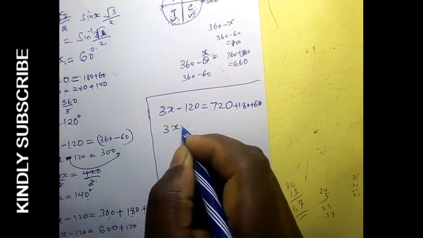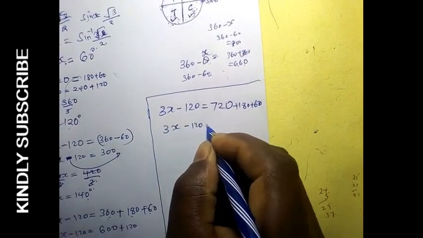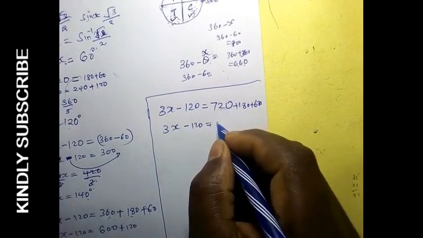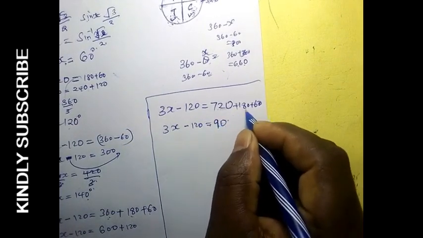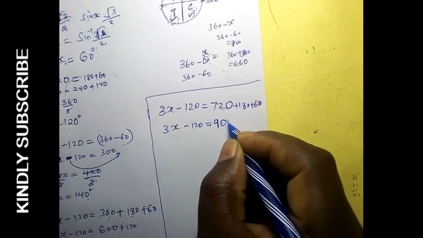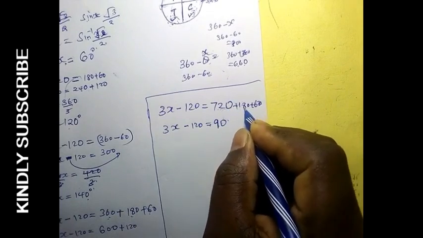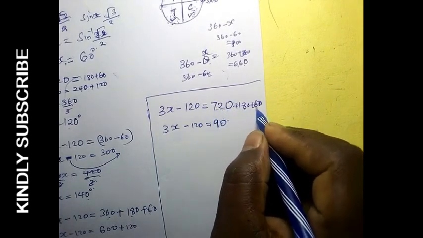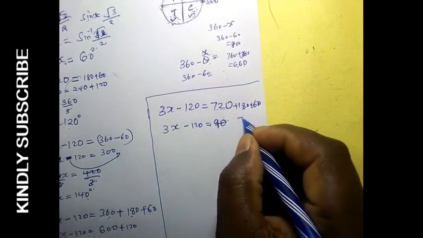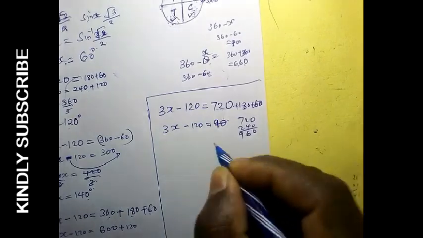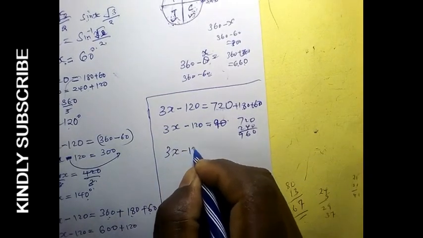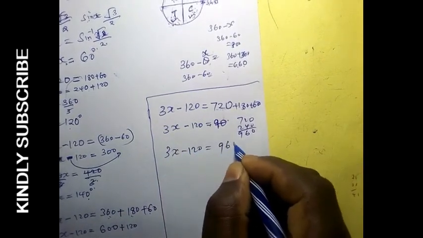So this is 240. 720 plus 240. So 3x minus 120 equal to 960.